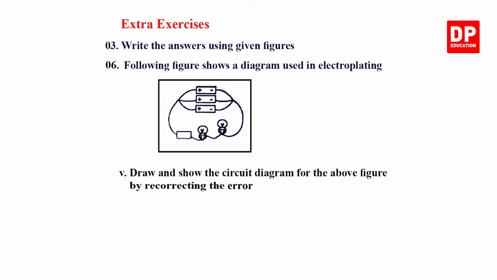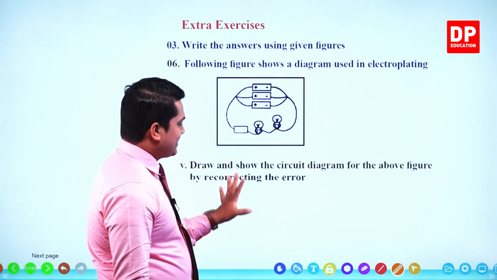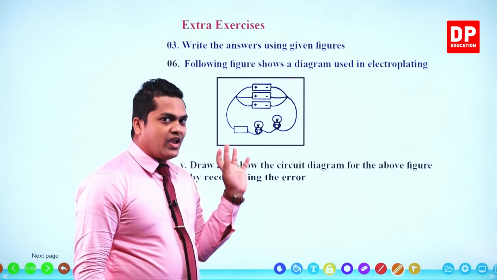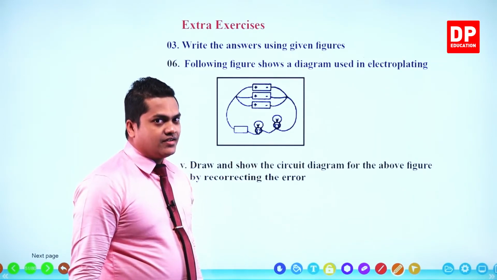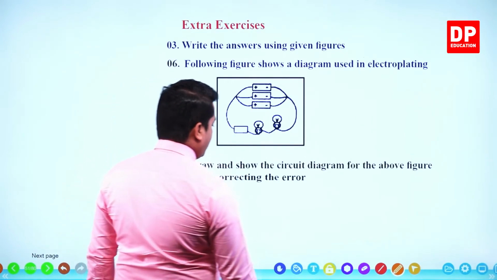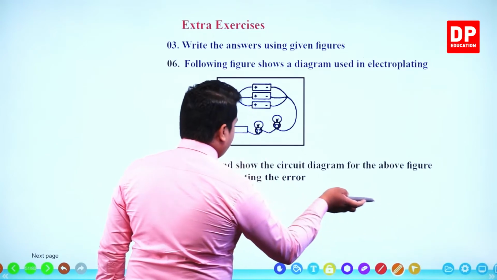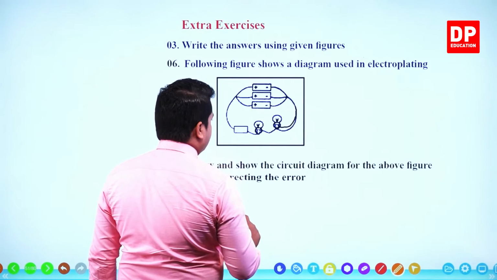Next, draw and show the circuit diagram for the above figure, by recorrecting the error. So we have to recorrect the error and draw the circuit diagram. We'll keep the system like this in the same way and recorrect the system first of all. Here this one should go like this.